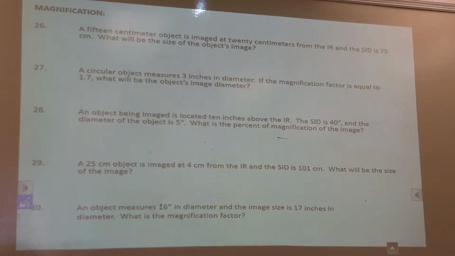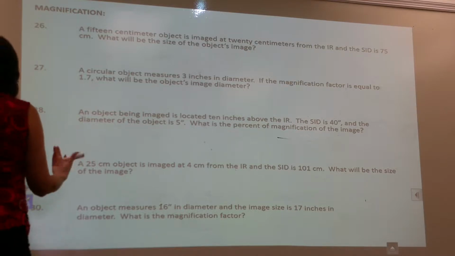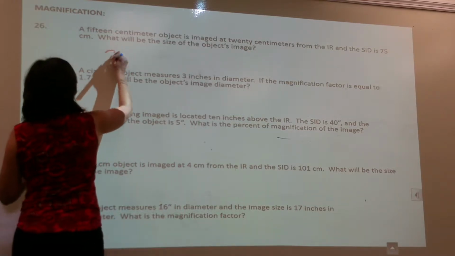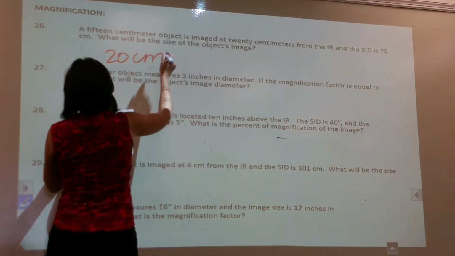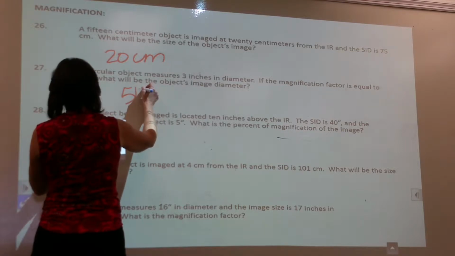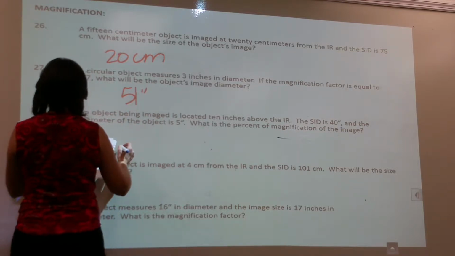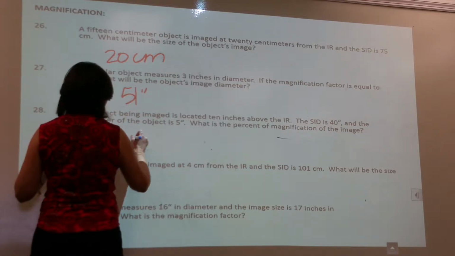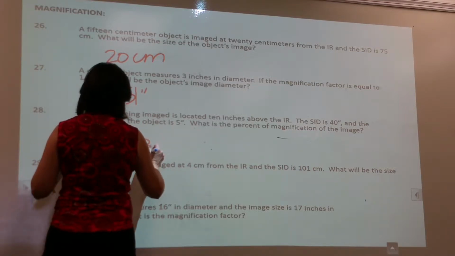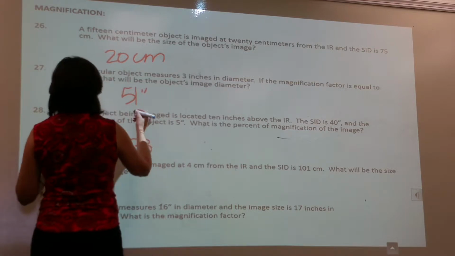Okay, magnification. And we have 30. So check my answers and make sure. I'm just going to put the answers up there. Those of you who have done it, just make sure that I did it right. Make sure my questions match yours. Did I already get one wrong? I think there's a .1. Yeah, 5.1. There you go.